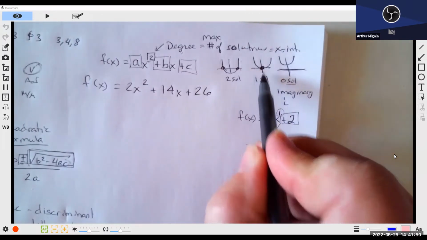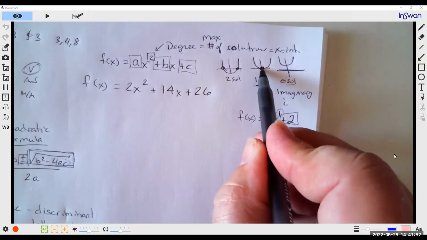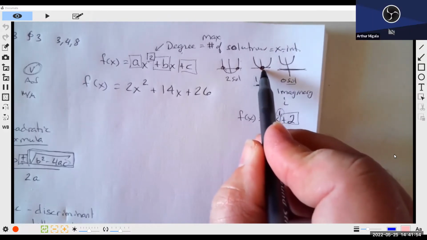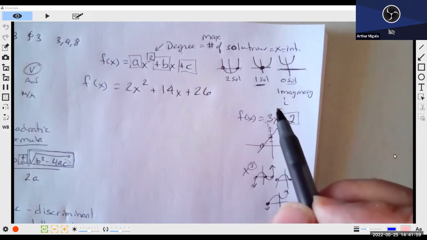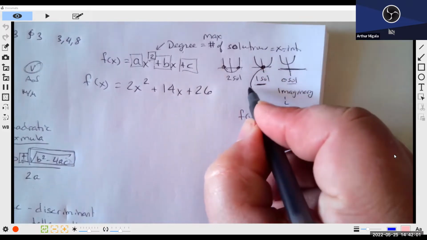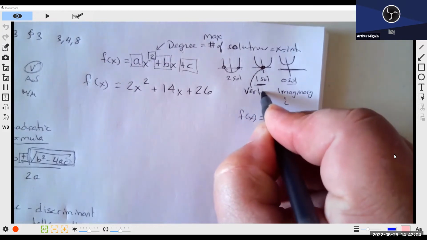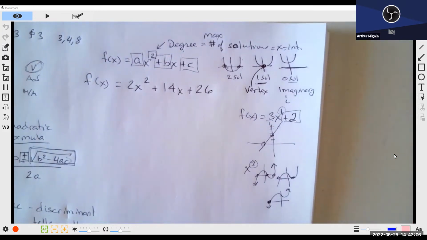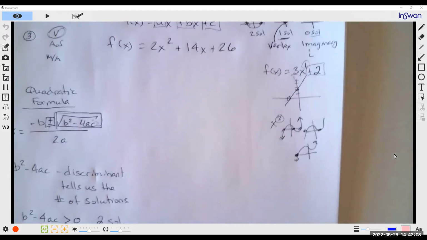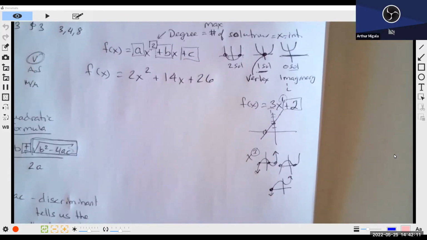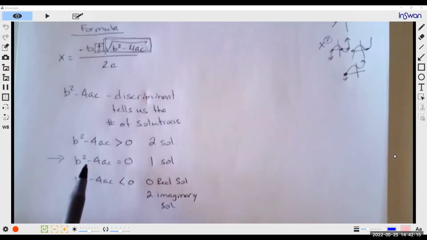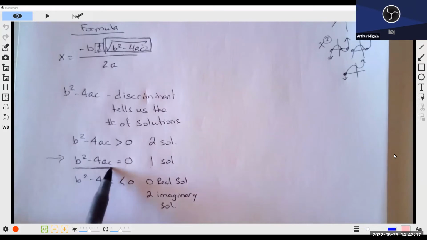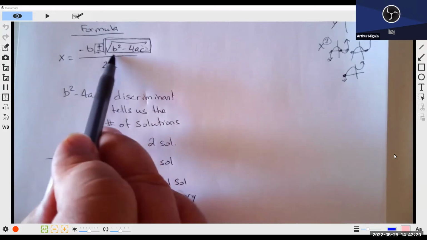On this graph here, with only one solution, the only way the graph can touch the x-axis is if it's the lowest point of the graph. That is called the vertex. The vertex is the lowest point of the graph. And we get a solution if the square root equals 0.